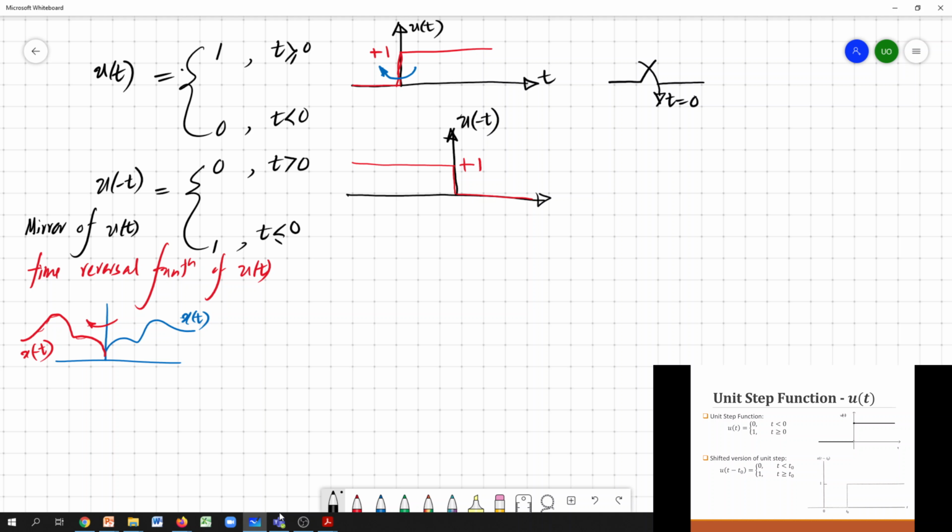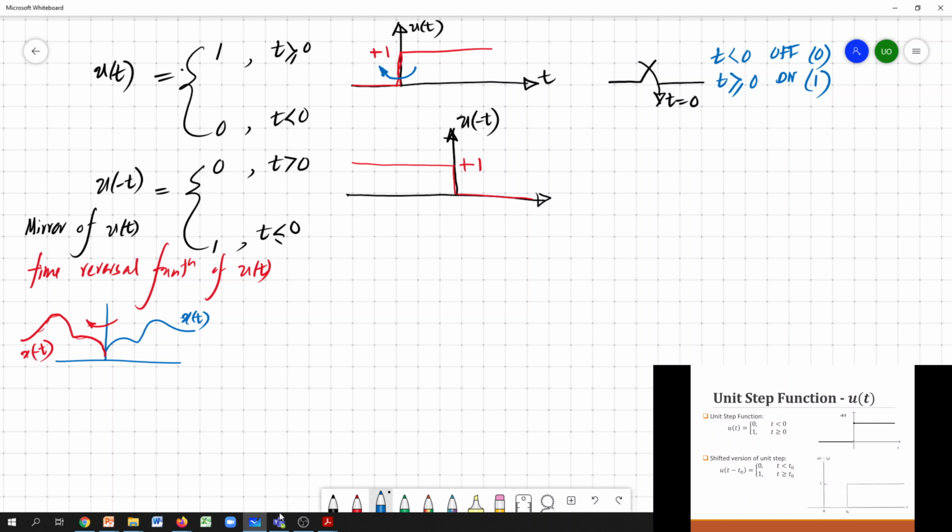In this case we found that for t less than 0, this switch was in the off state, so the output is 0. Once it moves to the on state, when t is greater than or equal to 0, we can claim that the state is 1.